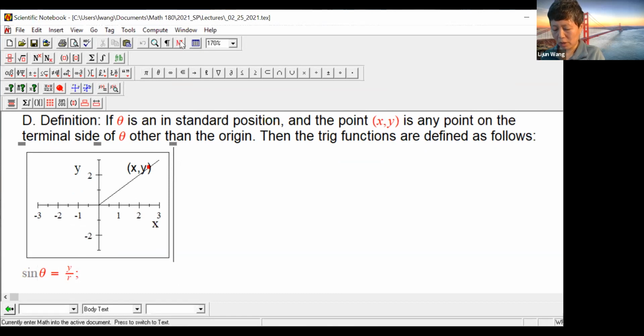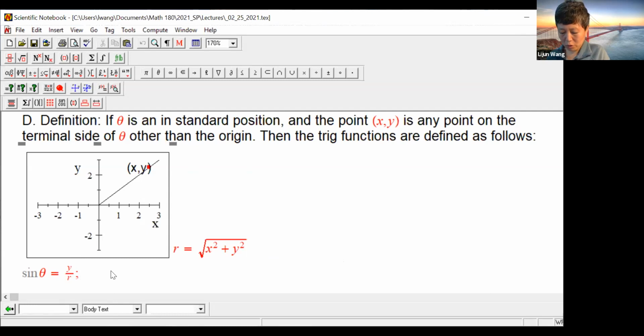What's the definition about R? Did they tell us what R is? They told us what X is, what Y is. Did they tell us what is R? Because we use R here. What is R? Right? That's R.